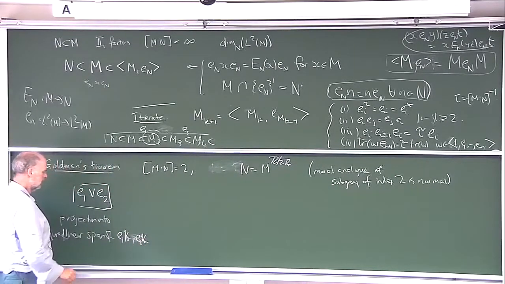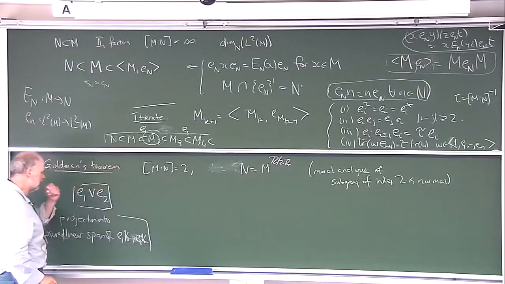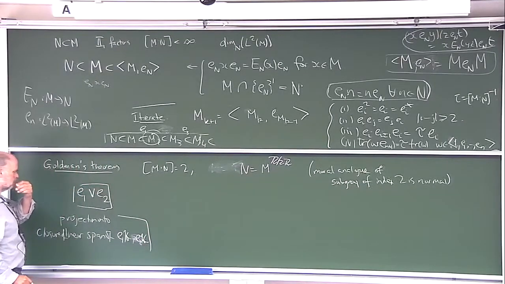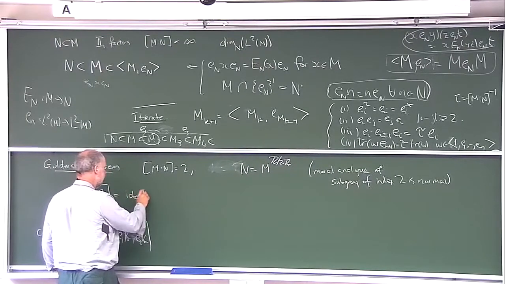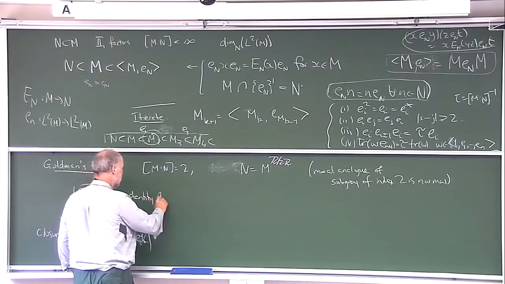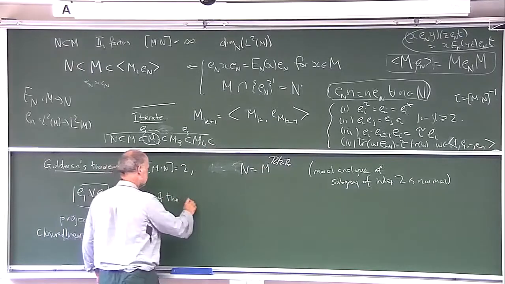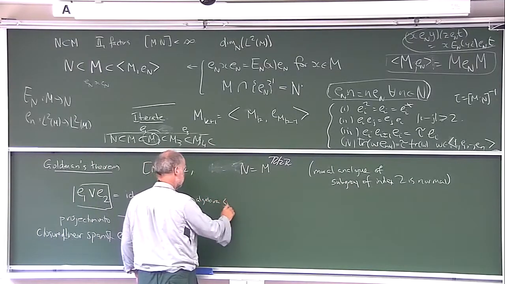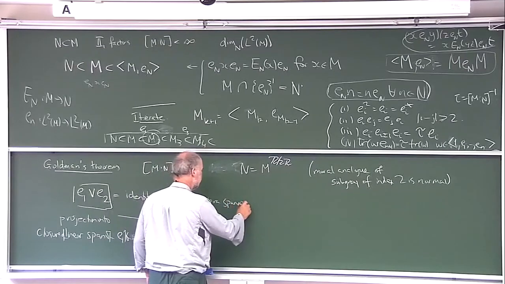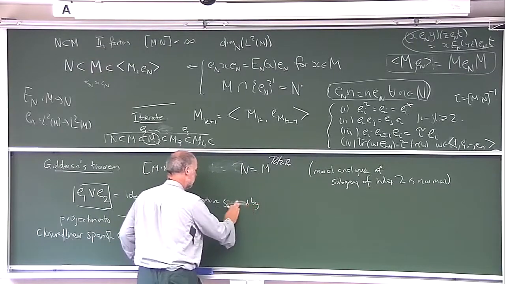This is a very standard notion in geometry. Another way of thinking about it is that it's the identity of the star algebra generated by E1 and E2.